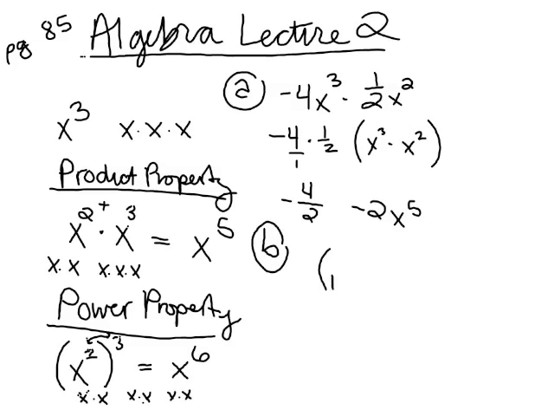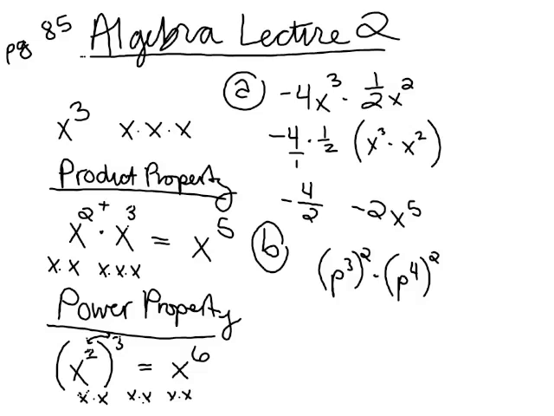Our B example is p cubed to the 2nd power times p to the 4th to the 2nd power again. So order of operations, I should get rid of the brackets first. So I need to use the power property.